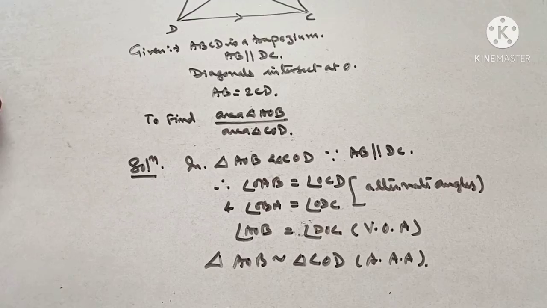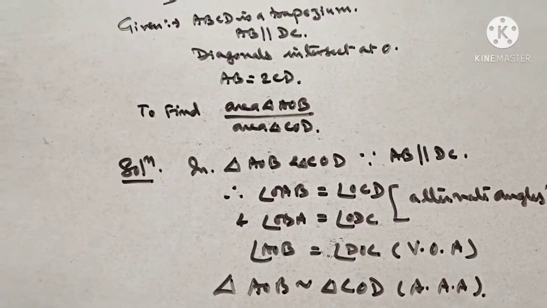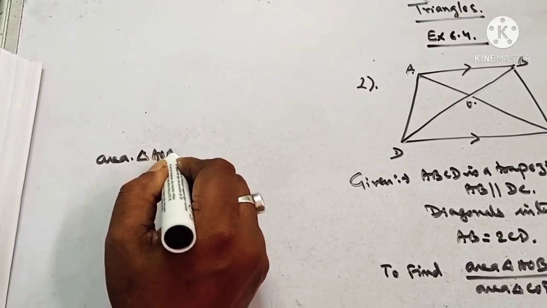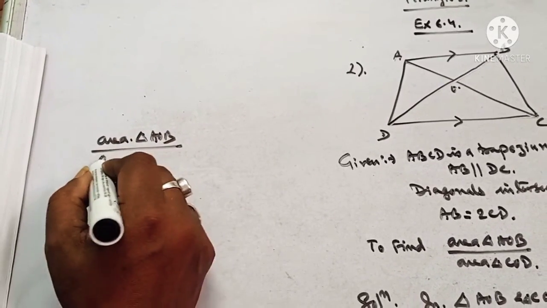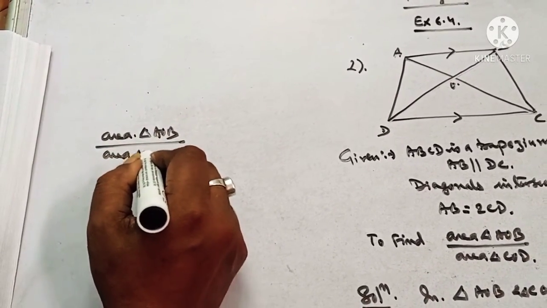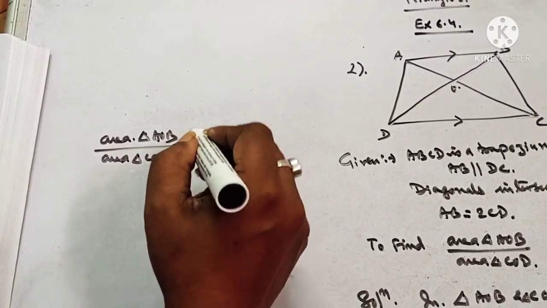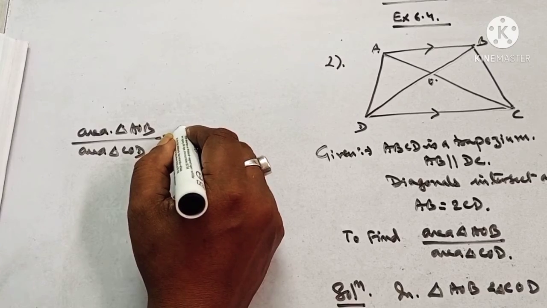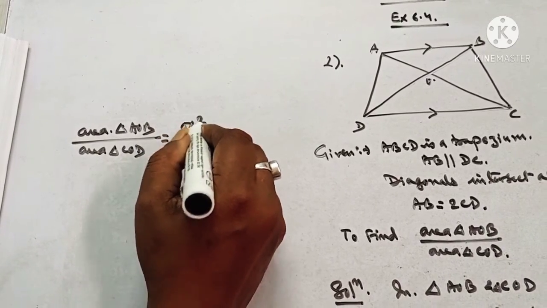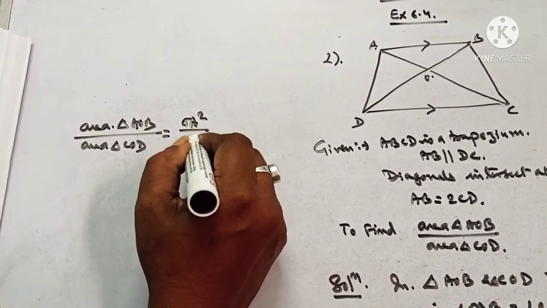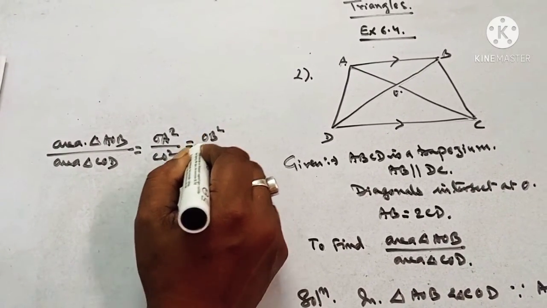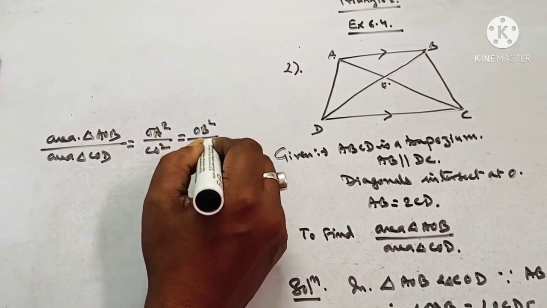When these two triangles are similar, then area triangle AOB by area triangle COD will be equal to OA square by CO square. This will be equal to OB square by OD square.